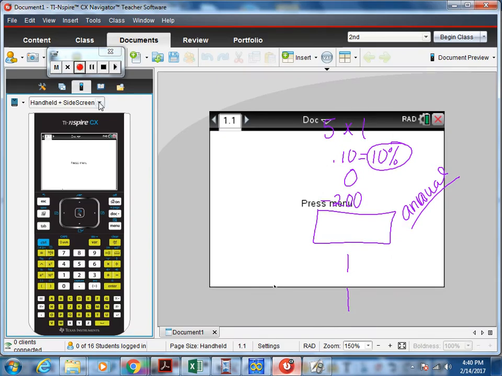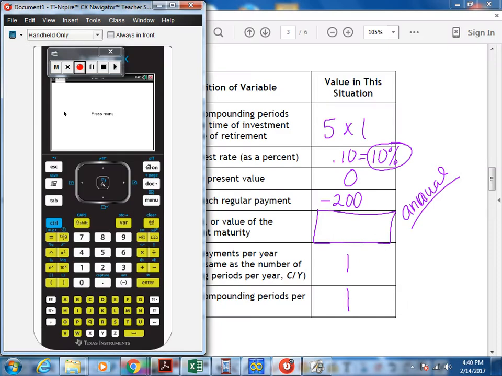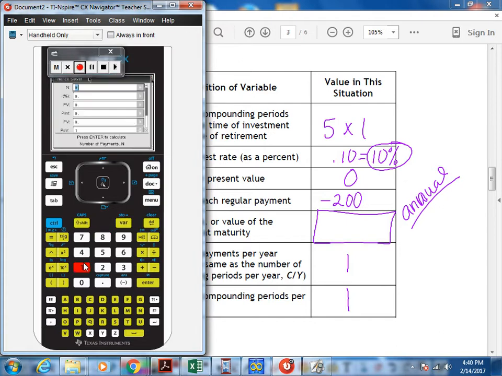Let's first bring it over here. We're going to start at the home button, new document, add a calculator, hopefully you can select it there, menu, A1.